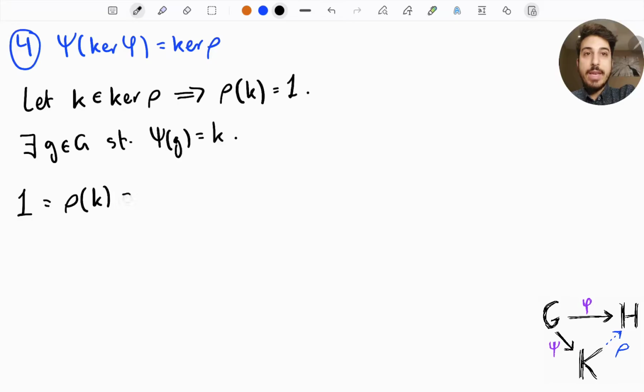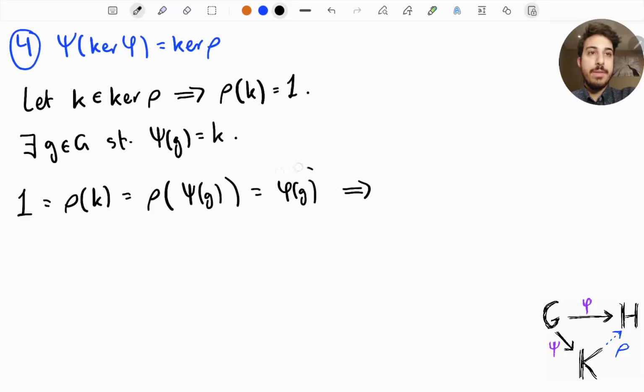But what is k? k is psi of g. And rho of psi of g is equal to phi of g. So this means that phi of g is equal to 1. g is an element in the kernel of phi.